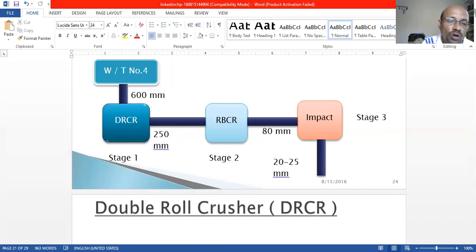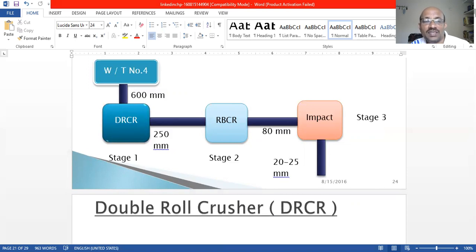DRCR means double roll crusher; over there we can provide 250 mm chips to the furnace. If you want to reduce the size of the coal again, the rotary breaker crusher can reduce it to 80 mm. Another one is the impact crusher, where we can reduce the size again.